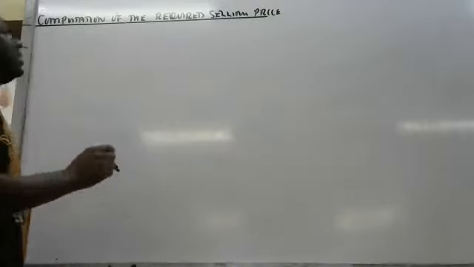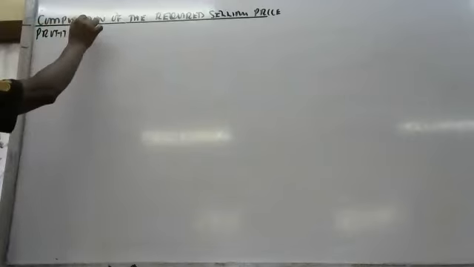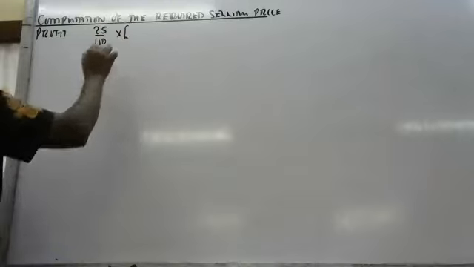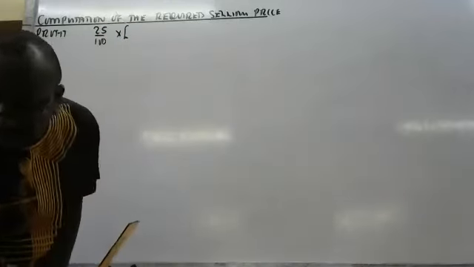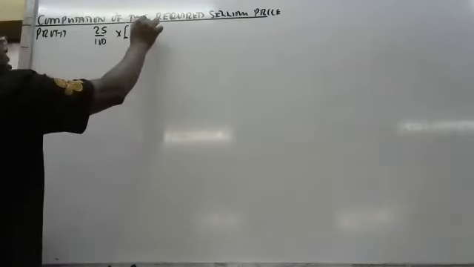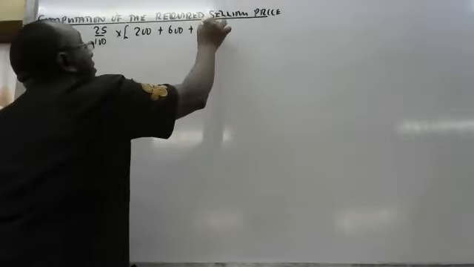So the profit should be 25% of, tumesema ni 200 plus 600 plus 400.